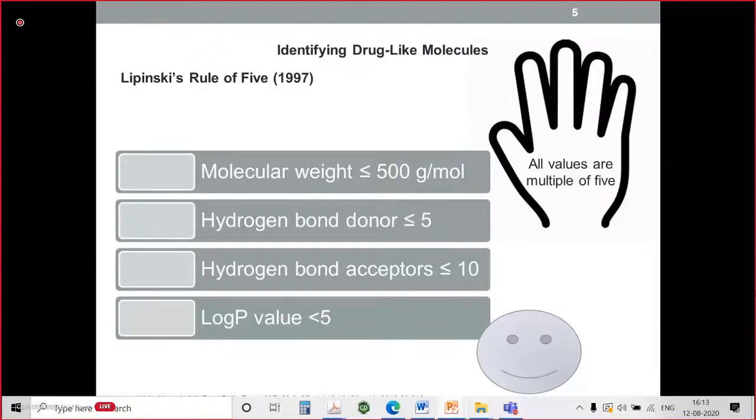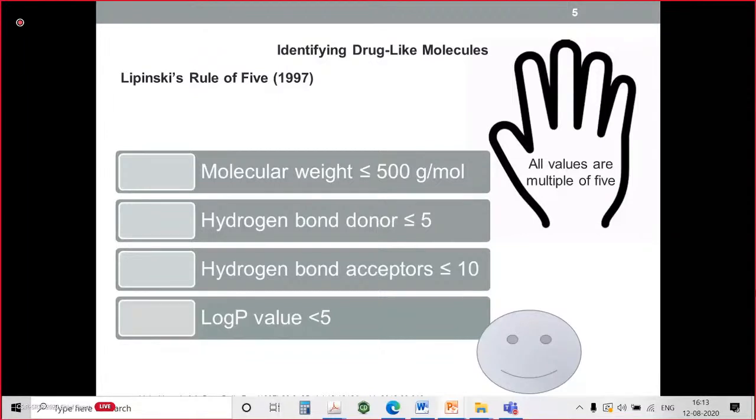But he emphasized that when we are looking for a small molecule, we must consider all these parameters, which he generally observed based on the pharmacokinetics of a molecule.